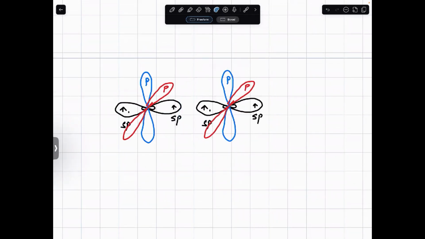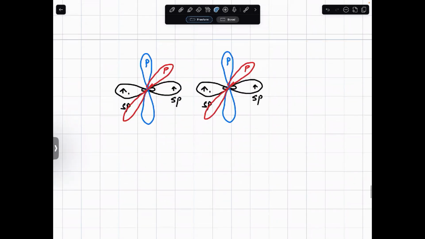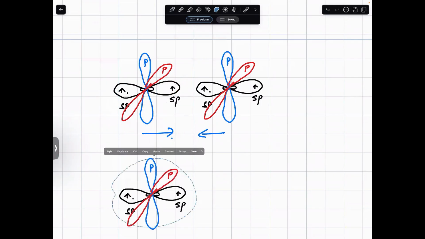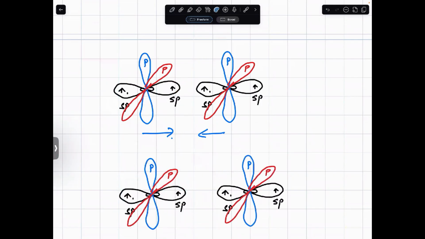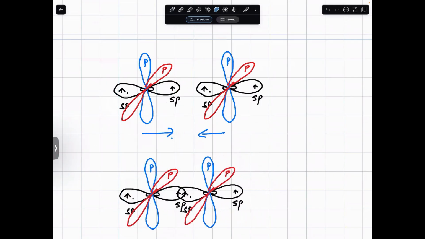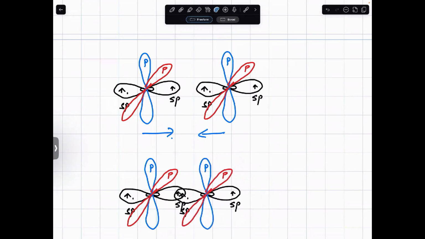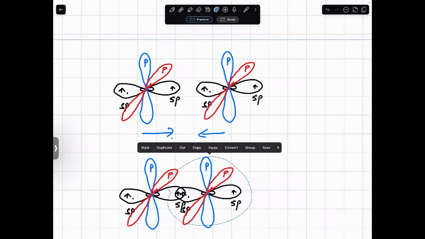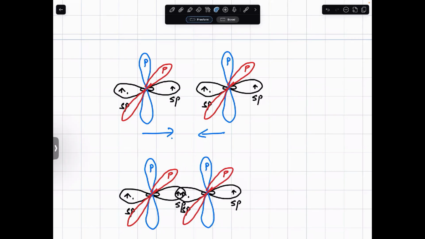They're coming closer. When they are coming closer, what are they going to do? See? This is one carbon. This is the other carbon coming closer and closer. They make what? Pi bond, sigma bond.